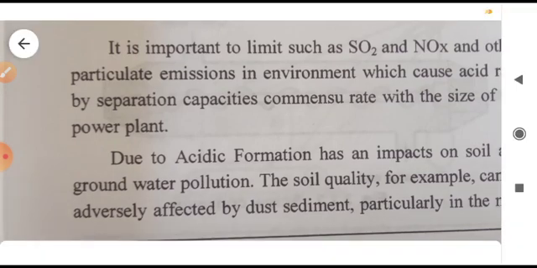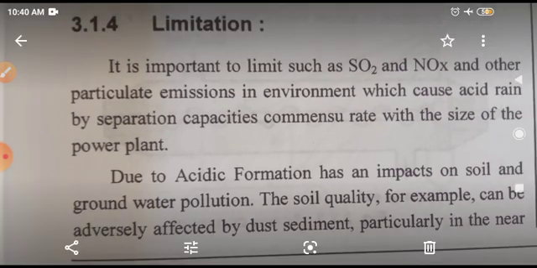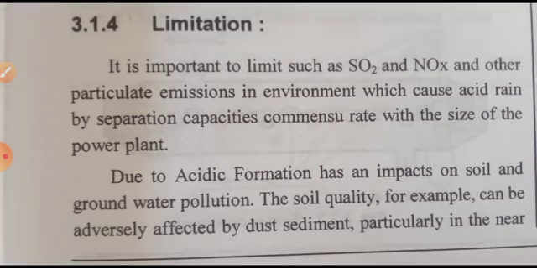Now here are some limitations. It is important to limit emissions such as CO2, NOx and other particulates in the environment, which cause acid rain, by separation capacities commensurate with the size of the power plant. Acid formation has an impact on soil and groundwater pollution.